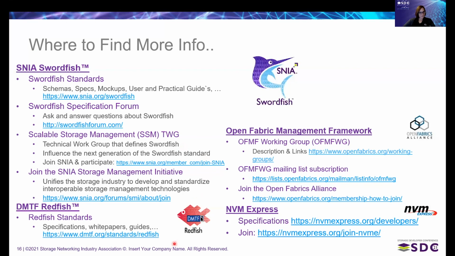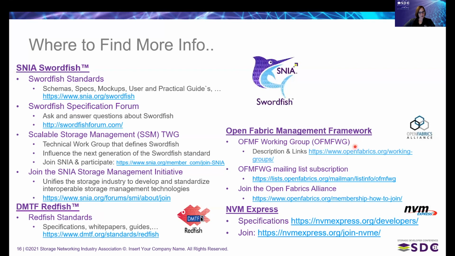For the other organizations that we partner with, we've also provided some great links. So we have the Redfish standards. You can go to redfish.dmtf.org or dmtf.org/standards/redfish to find the entire Redfish ecosystem pointers as well. For the Open Fabrics Alliance, we work primarily with the Open Fabrics Management Framework Working Group, or the OFMFWG.